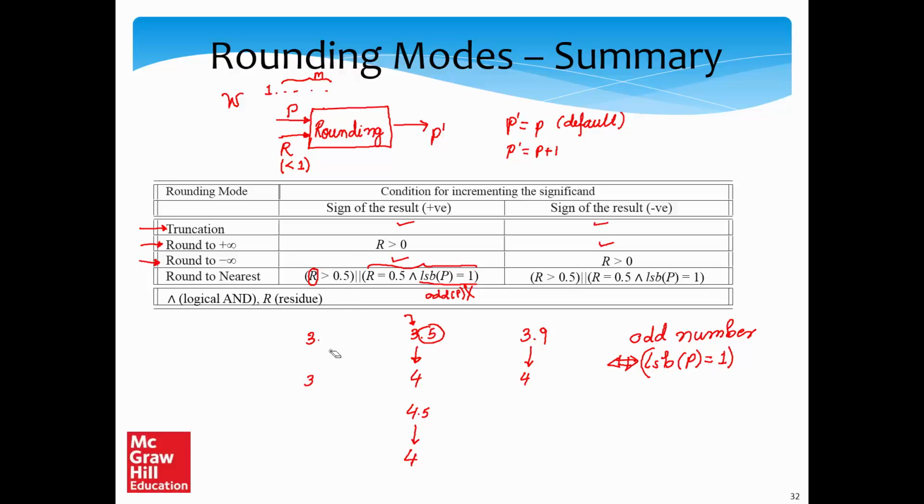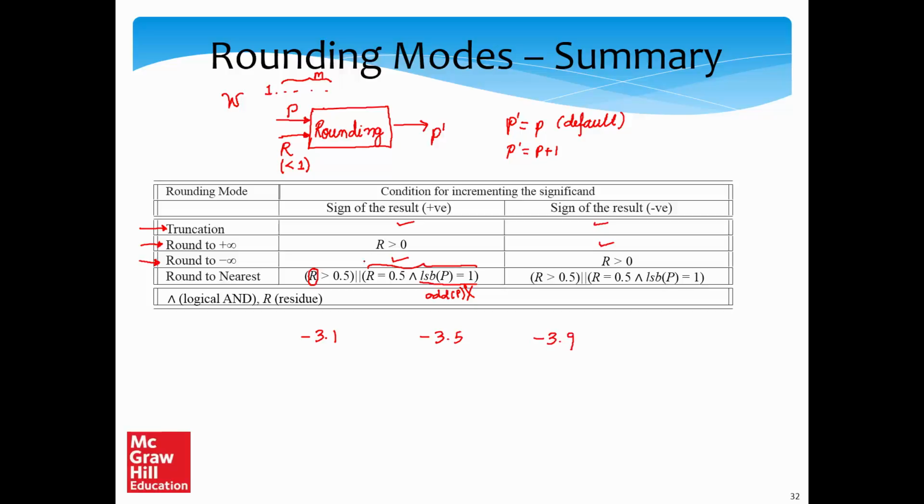So let us now see what happens when the sign of the result is negative. Okay. So let me again consider the three numbers, minus 3.1, minus 3.5, and minus 3.9. They're negative variants. So what I do is I'll take a look at the residue.